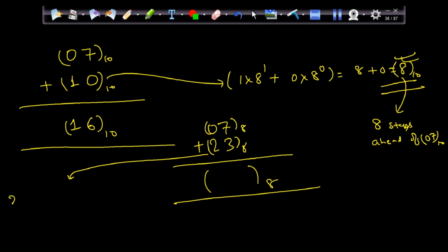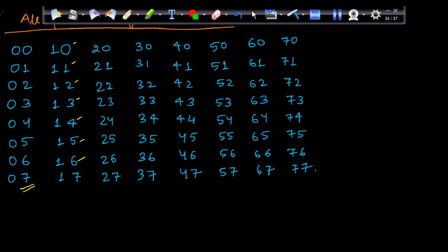It is 2 into 8 power 1 plus 3 into 8 power 0, which is nothing but 16 plus 3, that is 19. It means when you move 19 steps ahead of 07, whatever number you reach will be the answer. Okay. So from 07, you have to move 19 steps away.